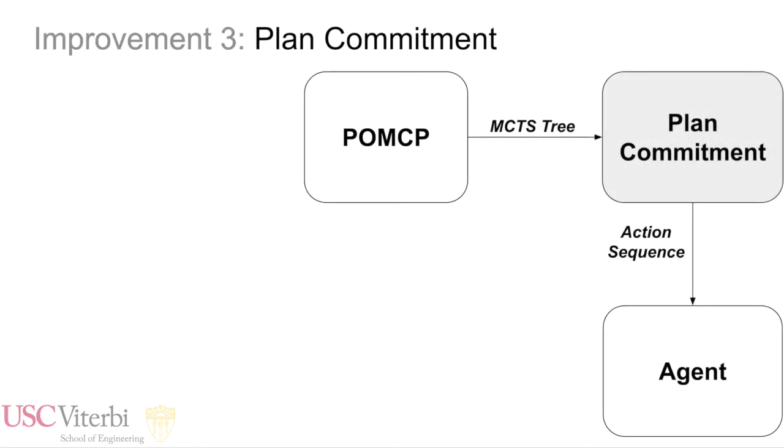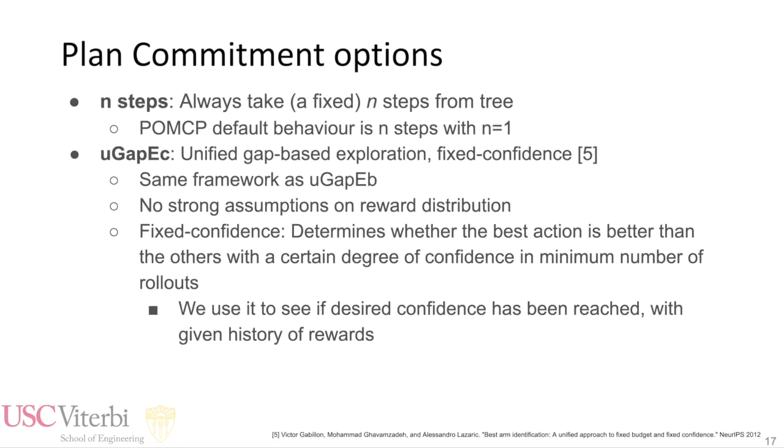Finally, we move on to our final contribution, plan commitment. This contribution considers reusing POMCP's tree for multiple actions instead of one and involves multi-arm bandit theory similar to the previous contribution. These are the algorithms we considered for this contribution. First, we choose a simple method to always choose a fixed n steps from a given tree.